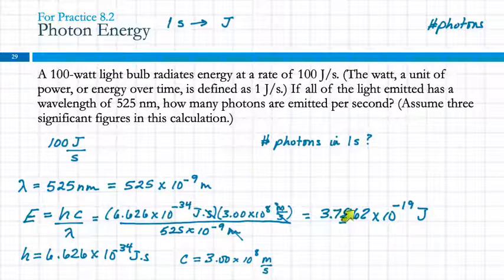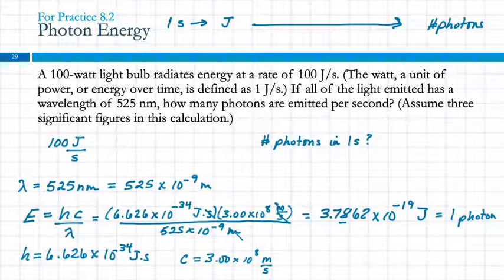So this is the energy of that light. It's the energy of one photon. So that many joules equals one photon, one piece of that light. So that allows me to convert from joules to photons.